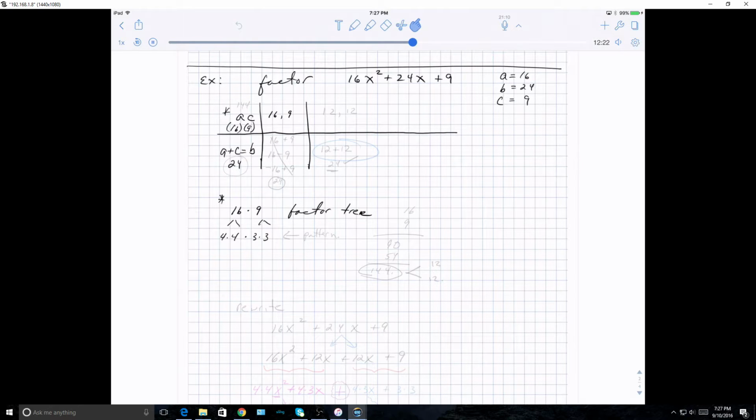Okay, so we can actually put all of these factors together and multiply them. What I'm getting at here is if we multiply 16 and 9, we're going to end up with 144. So what we need to do is find all the factors of this that can combine in some way to 24.